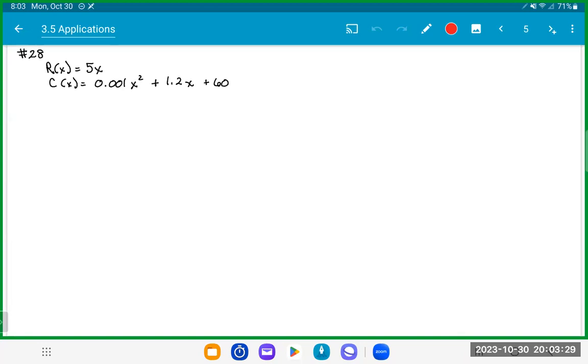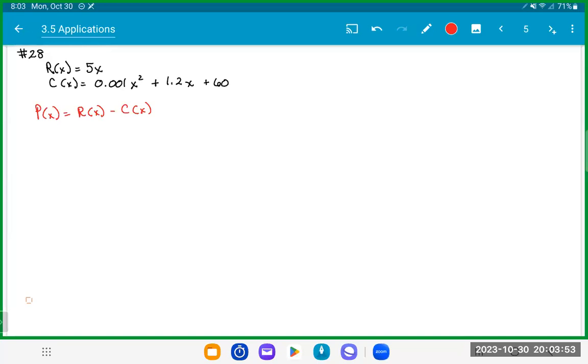All right. So now, when we look at this, we know that our profit is equal to revenue minus cost. So our profit is revenue minus cost.